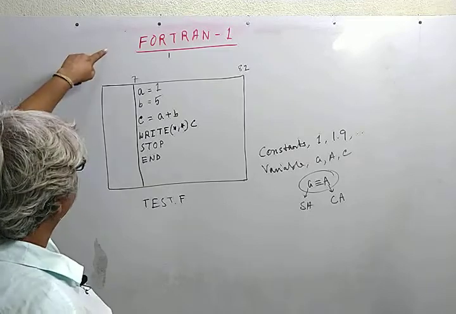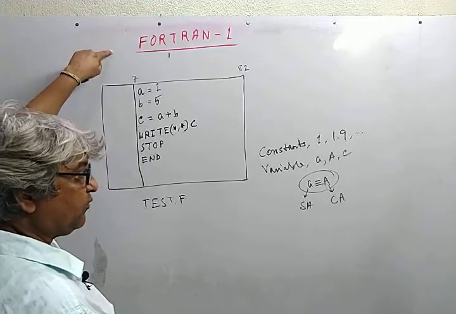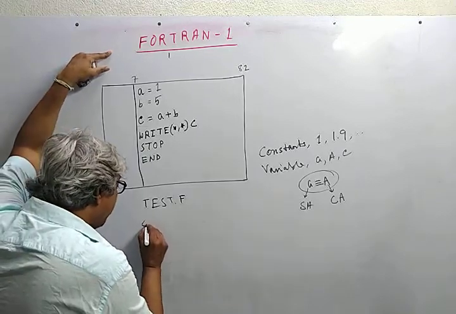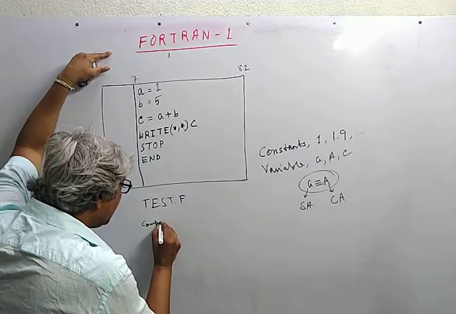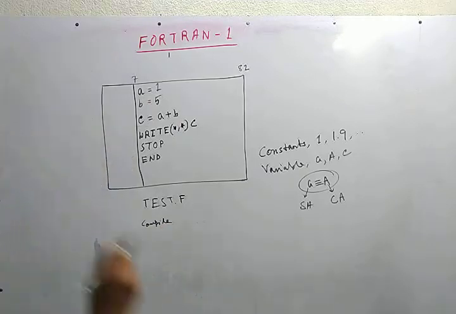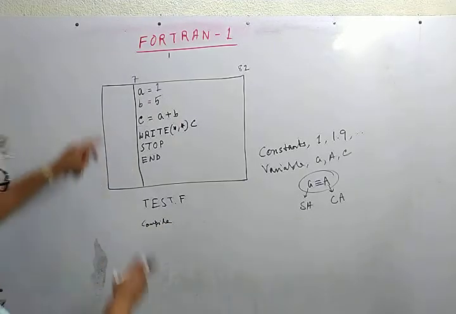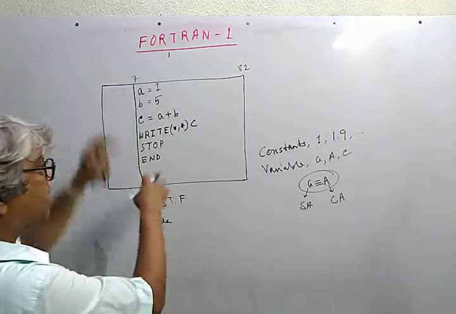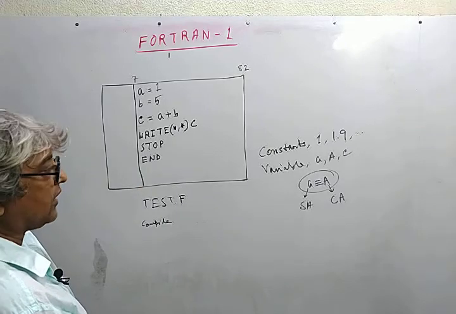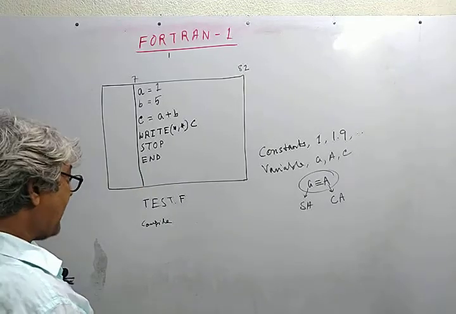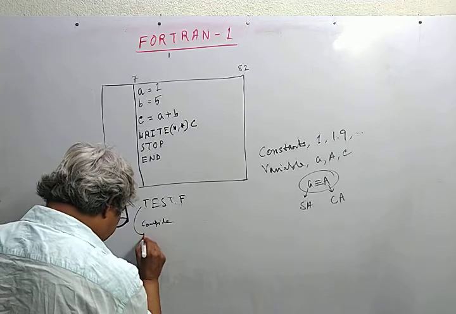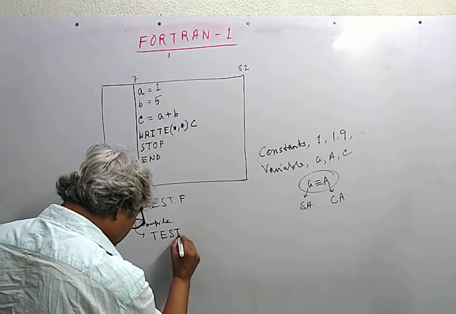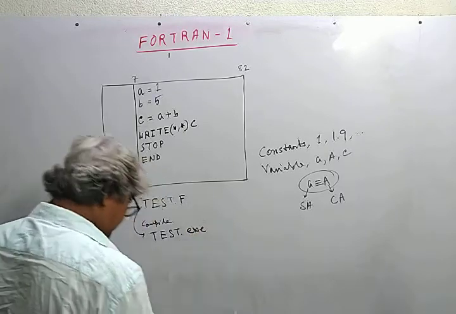On the Force editor, you will find the run option, and within the run option you will have the compile command. If you click the compile command, this English type or high level language will be converted into the machine understandable language, and a file will in general be created, which is test.exe.